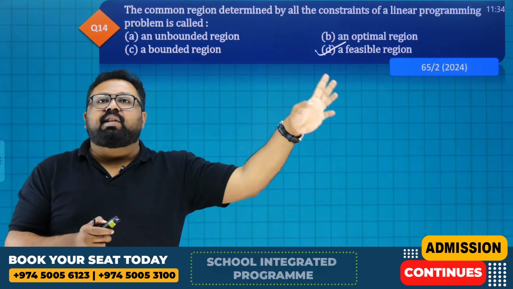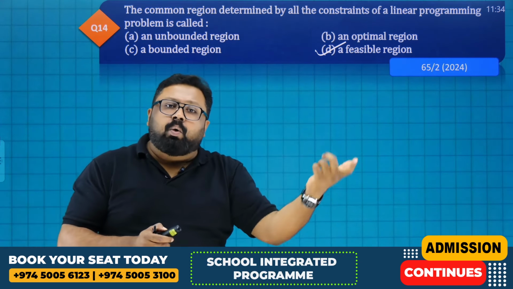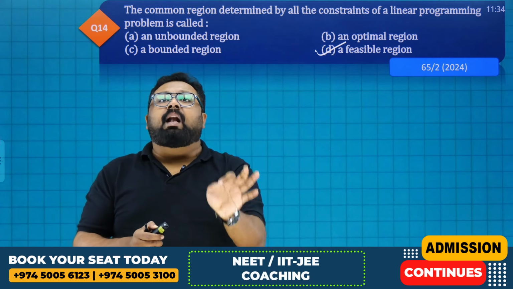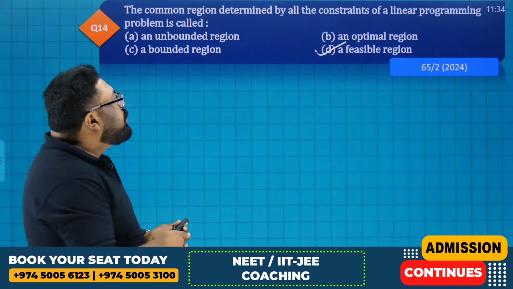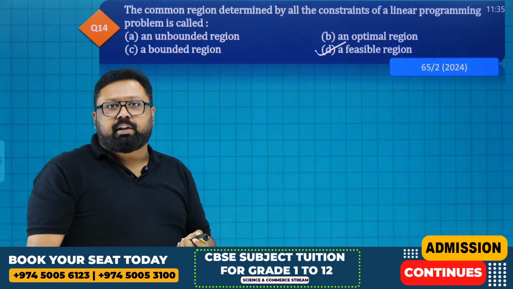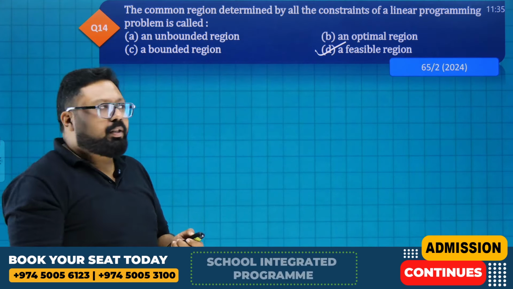Objective function z, which is a linear function. From the linear function, we get maximum value or minimum value, and both of which are called as the optimal solution. Optimal solution. So here, we want the name of the region. It's called the feasible region. Clear? Terminologies are important. Very important, straightforward questions.